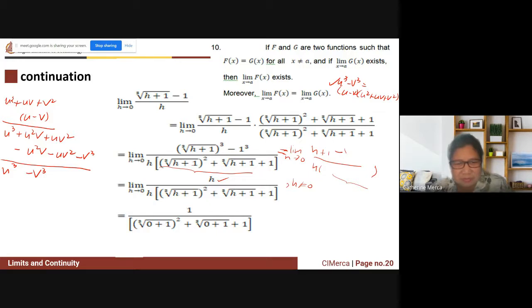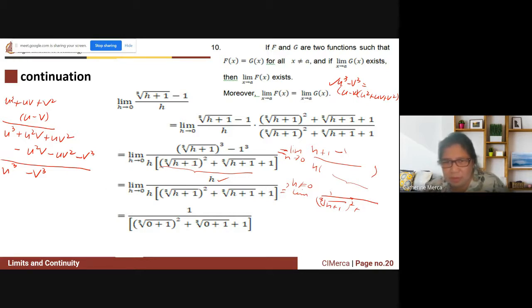Kasi nag-substitute naman tayo. So, they should be equal to the limit now of 1 over, kani siya, cube root of h plus 1, a quantity squared plus, pangit itong pang sulat ko ngayon.